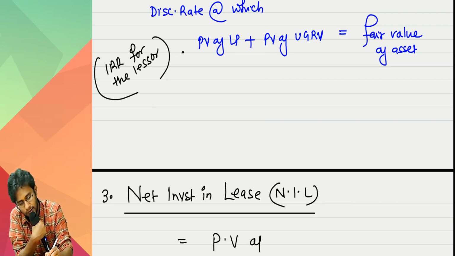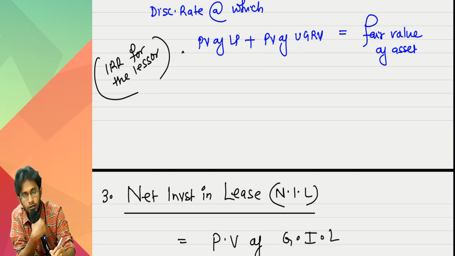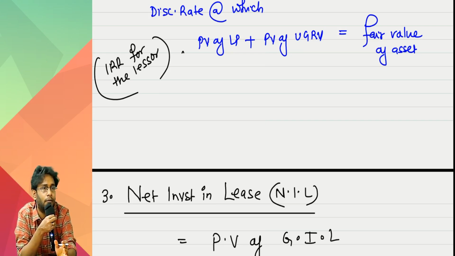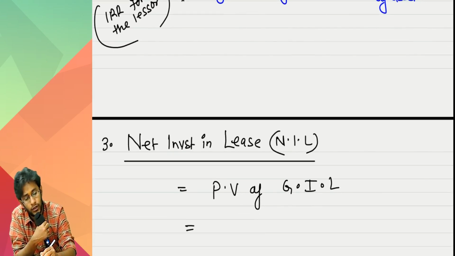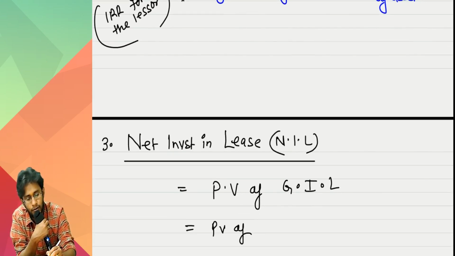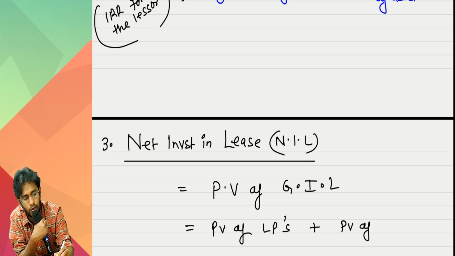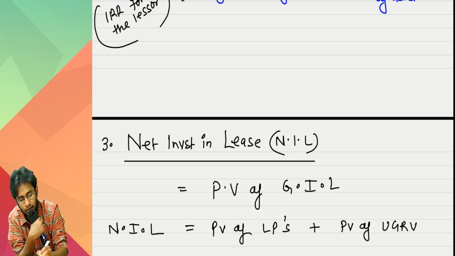NIL is the PV of GIL. You already know GIL, no? The present value of GIL will become net investment in lease. Now what is GIL? GIL is lease payments plus UGRV. So the present value of GIL should be equal to the present value of lease payments plus the present value of UGRV. This is exactly the formula for NIL.